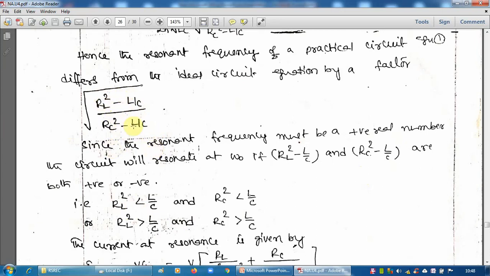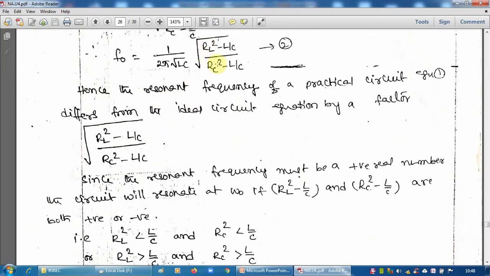If this is negative and this is positive, what happens? We will get a negative value in the square root, and then f naught will become a complex quantity. That cannot be the case. So if this is negative, this is also negative; if this is positive, this is also positive, so that we always get a positive value in the square root.